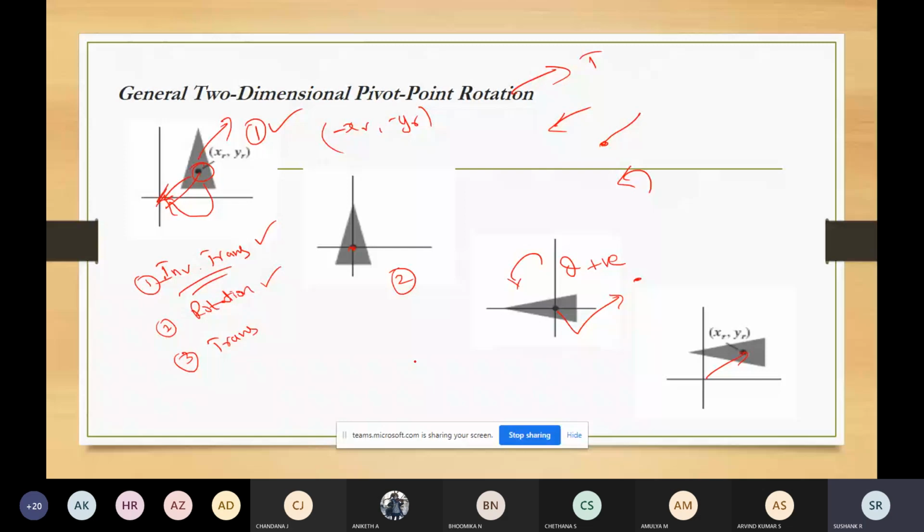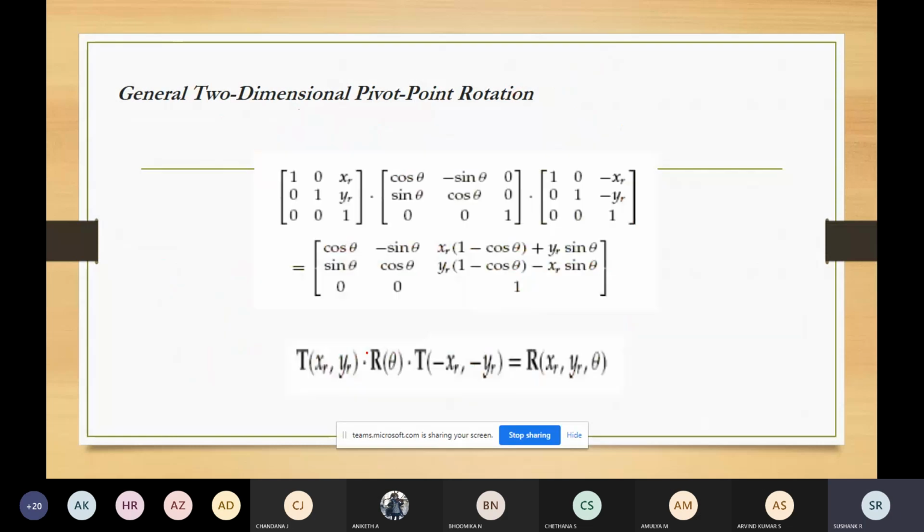I can take the first one as T, the inverse translation. After that, the inverse translation should be multiplied with the rotation, then again the translation. So that is being represented here.